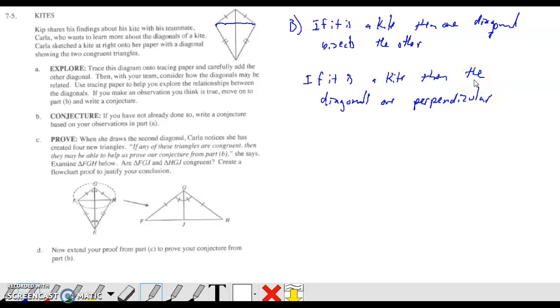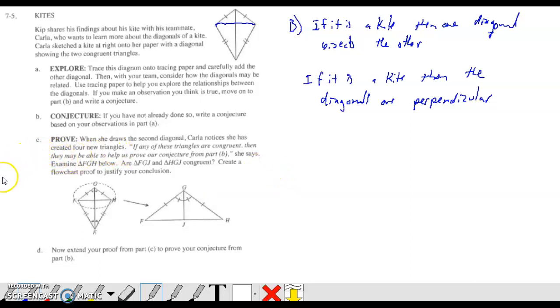Whatever we want to do in order to prove that they are either perpendicular to each other or that they bisect each other is perfectly fine. Okay, so now let's actually prove one of these conjectures, right?